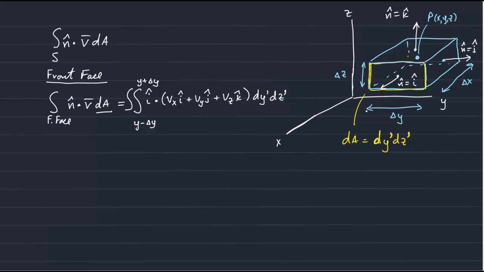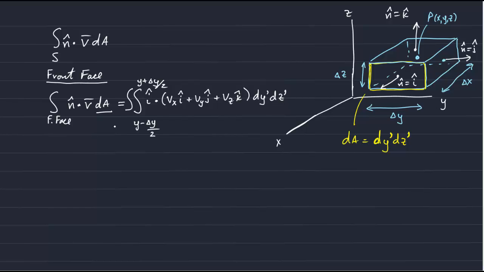So that's integrating over y. So if our point is centered on point y, then we're going to the left by half of delta y, and then we're going to integrate across to y plus 1/2 delta y.